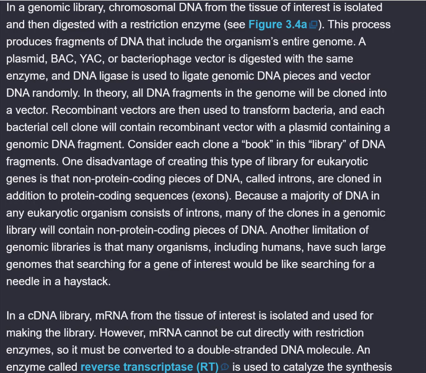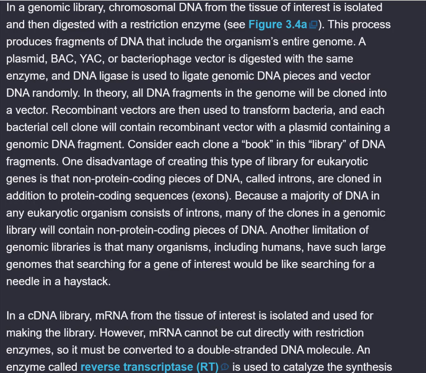In theory, all DNA fragments in the genome will be cloned into a vector. Recombinant vectors are then used to transform bacteria, and each bacterial cell clone will contain a recombinant vector with a plasmid containing a genomic DNA fragment. Consider each clone a book in this library of DNA fragments.